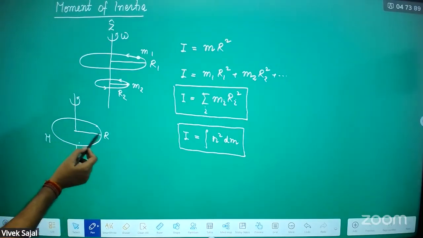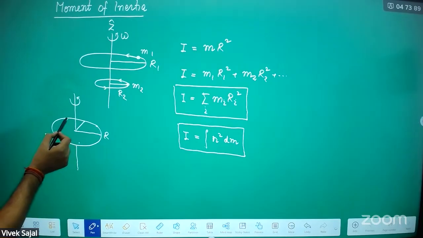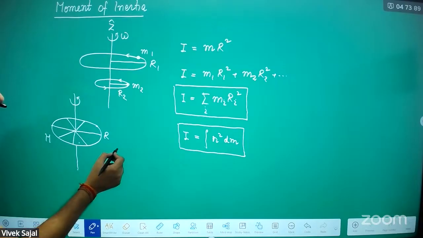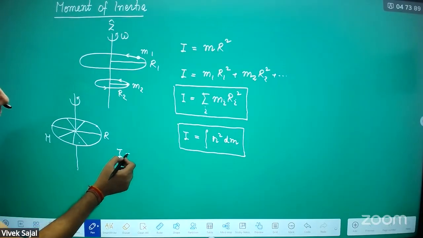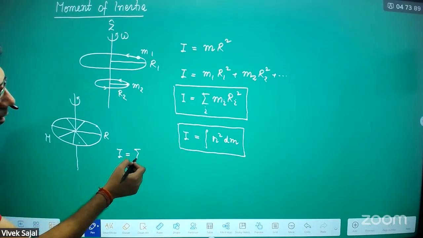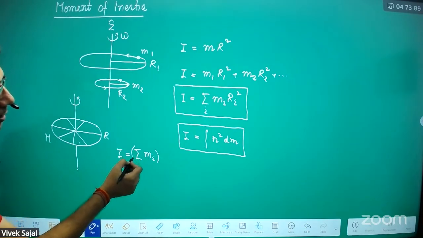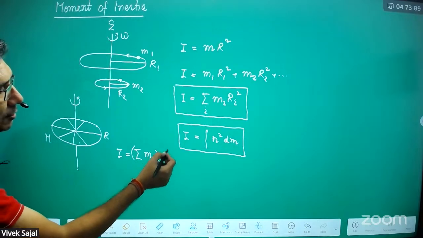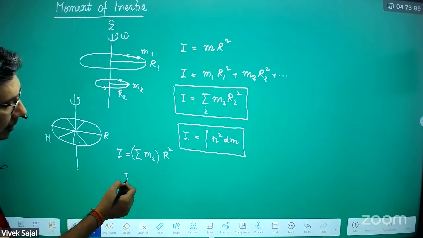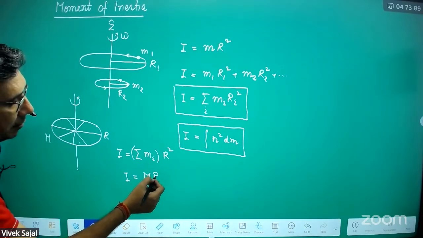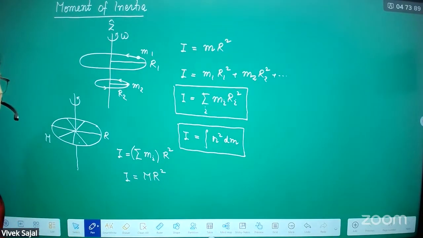So for every particle of this ring, the moment of inertia will be mr square. So this will be sigma mi, considering all the particles whose number is nearly infinite, times r square. So for the ring, this will be mr square.